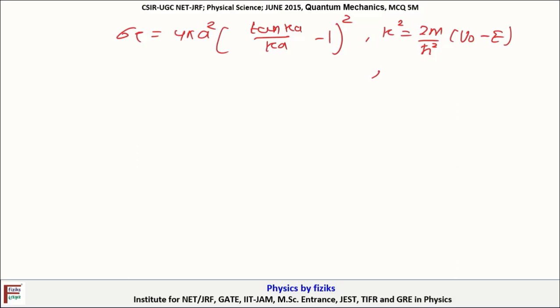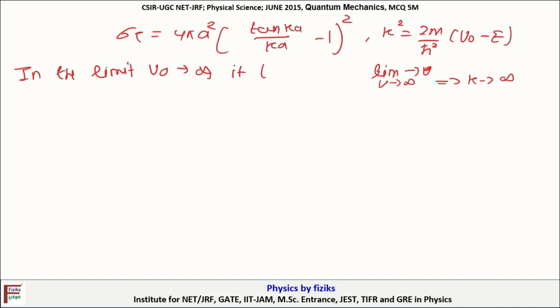In the low energy limit, V naught tends to infinity implies k tends to infinity. So the first term would vanish. In the limit V naught tends to infinity, it behaves like a hard sphere.